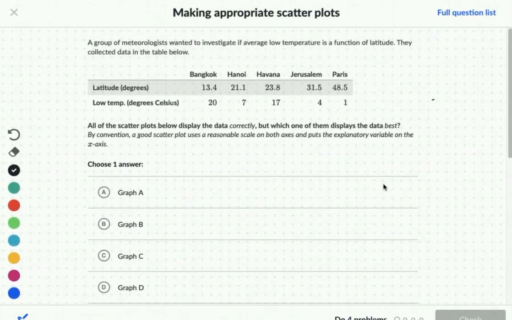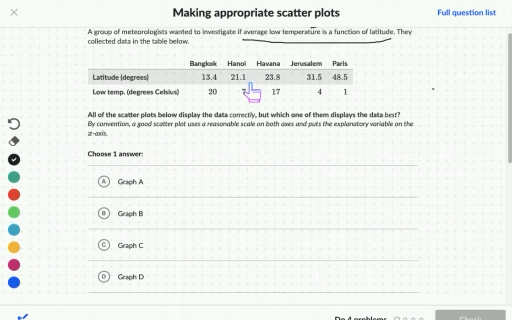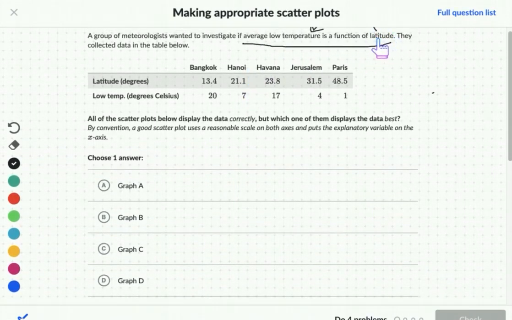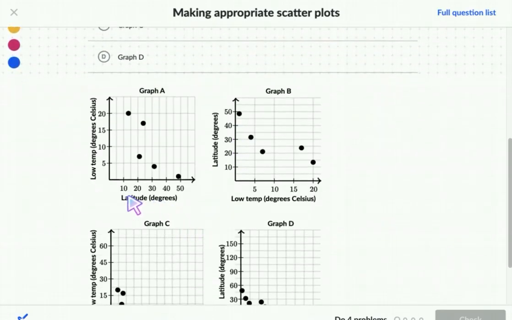Okay, the piece of information I really need to hone in on is this right here. I want to know if average low temperature is a function of latitude. So they want to know if latitude causes the low temperature to change. So that means if latitude is supposed to explain that change, latitude should be on the x-axis.